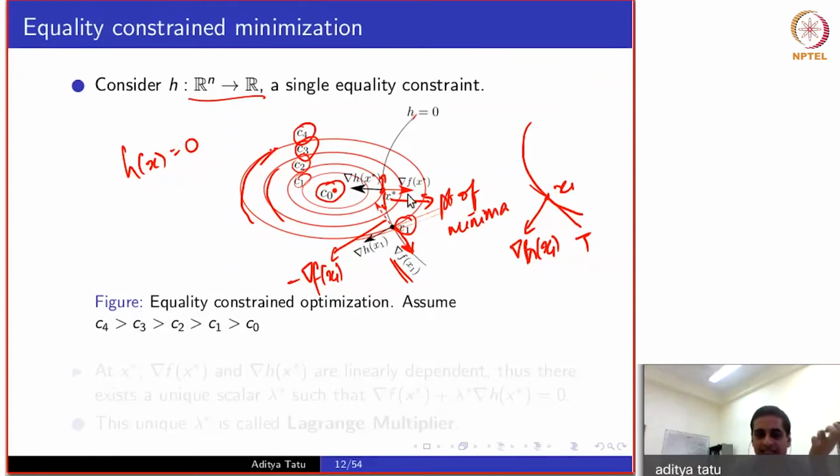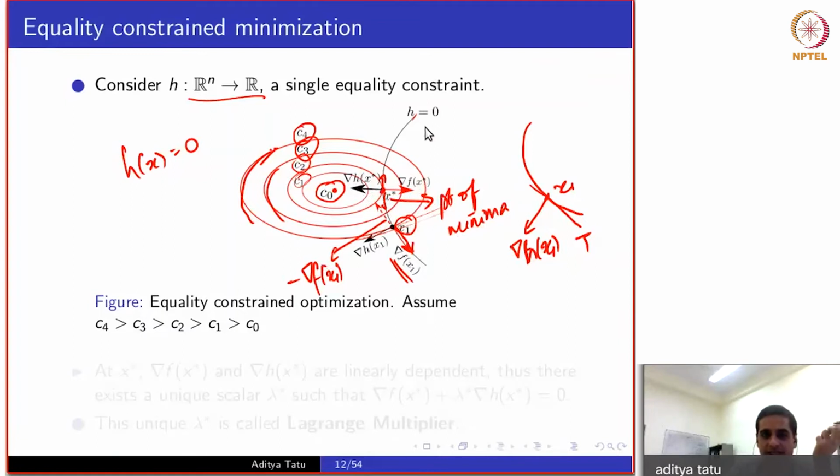And what is the characterizing nature of this point? That the gradient of h, the equality constraint, and the gradient of the cost function have to be aligned. Either they are in opposite directions or in the same direction, it doesn't really matter.